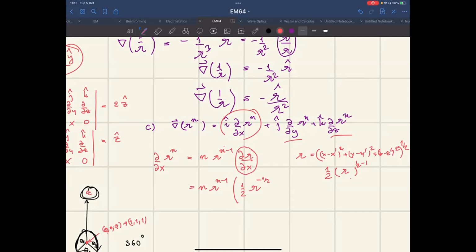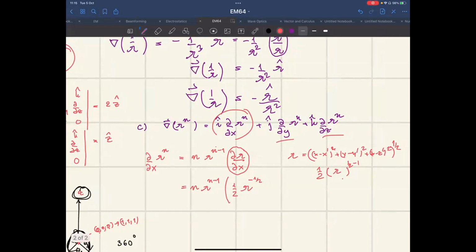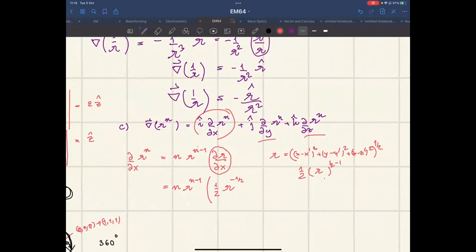Any questions? dr by dx is 1/2 to the minus 1/2. And we dip inside, we take the derivative inside also, right? So inside, what do we have? We have 2, right? 2 times x minus x prime here, and we have the whole thing.